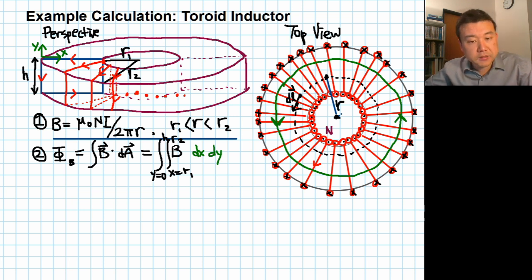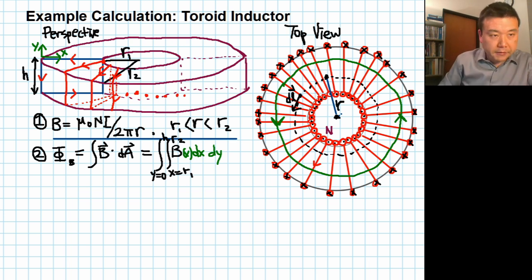All right, so that's the integral there. And our magnetic field would be a function of x, because x represents the distance from the center of the toroid out to whichever point we are looking at. Okay, so let's write it out.